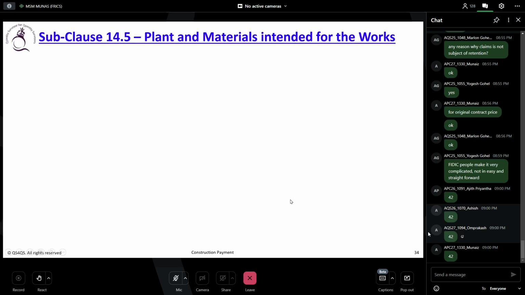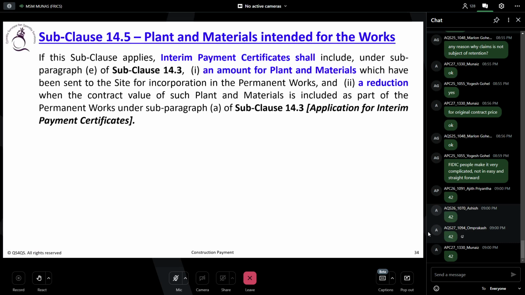So 14.5 says, if this subclause applies, the interim payment certificate shall include, under subparagraph E of 14.3, the amount for plant and material which have been sent to the site for incorporation in the permanent work, and second, a reduction when the contract value of such plant and material is included as part of the permanent work under paragraph A, subclause 14.3, application for interim payment certificate.